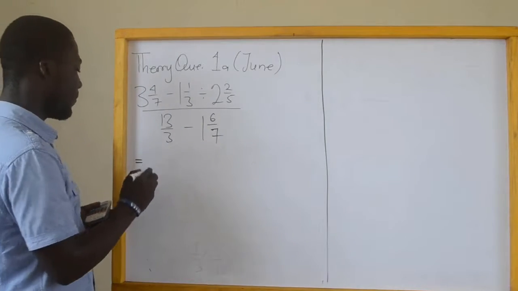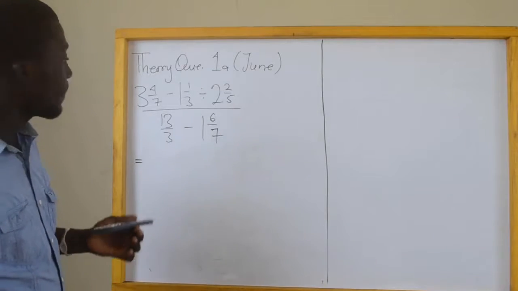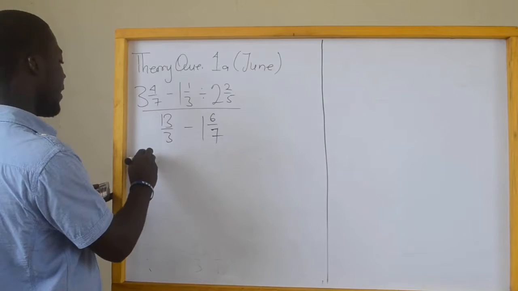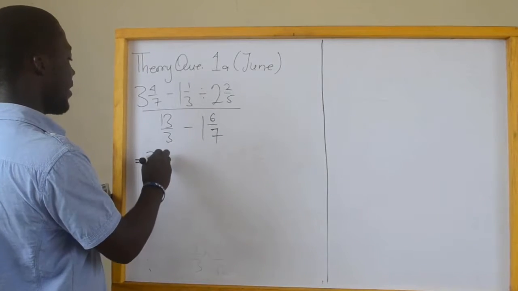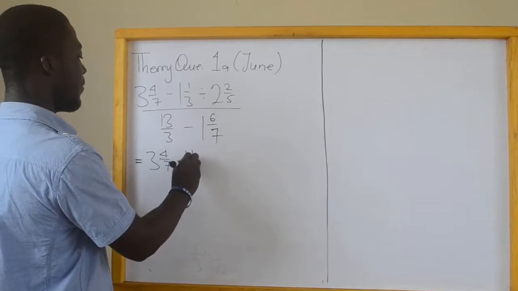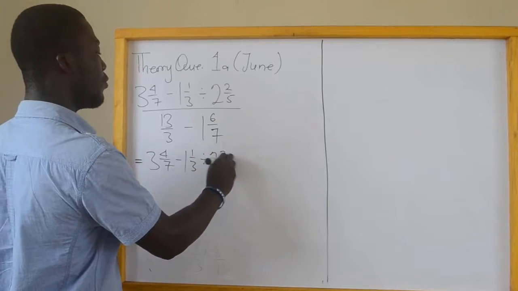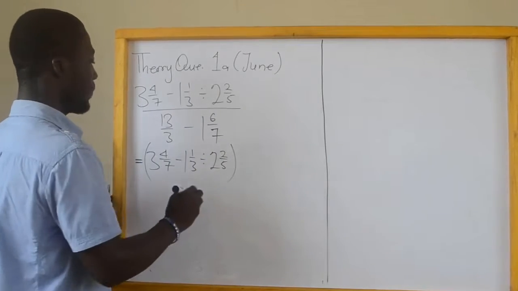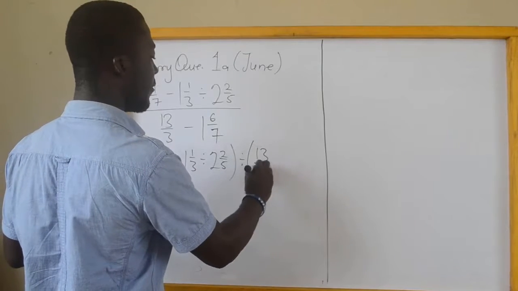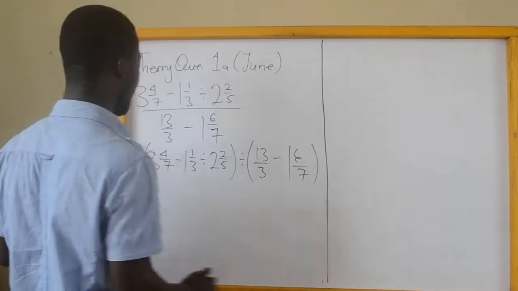Our first step, we will rewrite this in a different form. So we are going to obtain 3 whole number 4/7 minus 1 whole number 1/3 divided by 2 whole number 2/5, divided by 13/3 minus 1 whole number 6/7.